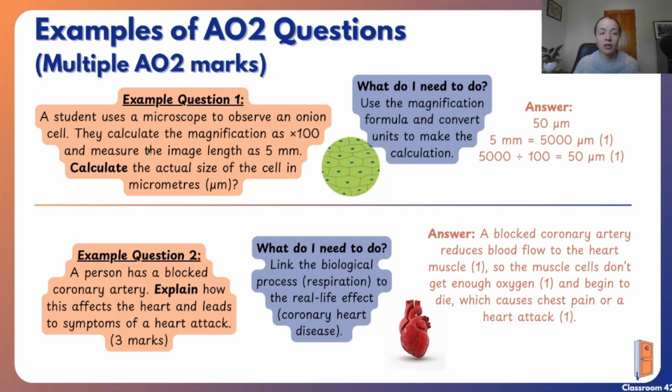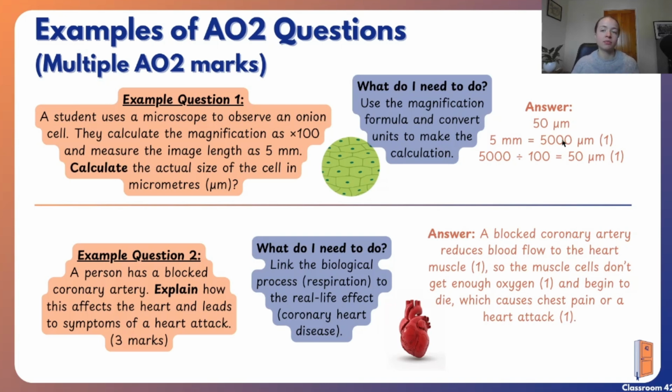So this is a calculation question about magnification. A student uses a microscope to observe an onion cell. They calculate the magnification as 100 and measure the image length as being 5 millimeters. Calculate the actual size of the cell in micrometers. So here we need to use our magnification formula and convert the units to make the calculation.